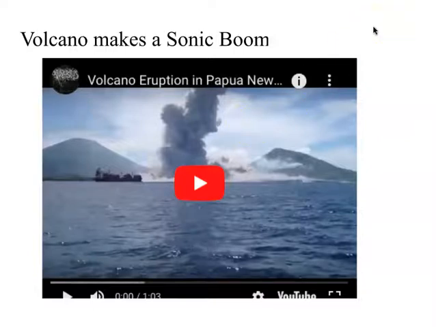Sound travels at about 340 meters per second, but light travels at 300 million meters per second. So light is going to travel faster than sound. So we're going to see the volcano erupt before we hear the volcano erupt. And so you'll actually see and hear that sonic boom made by the volcano. So I would definitely check those two videos out. They're really cool.